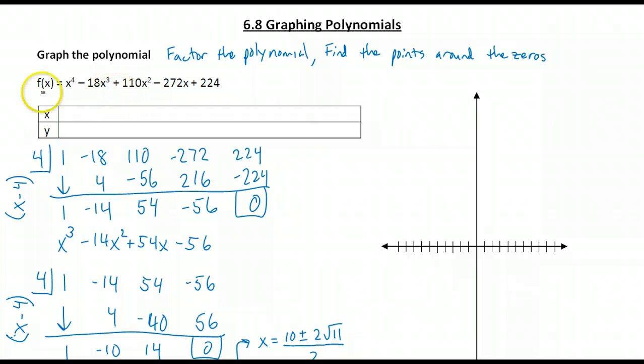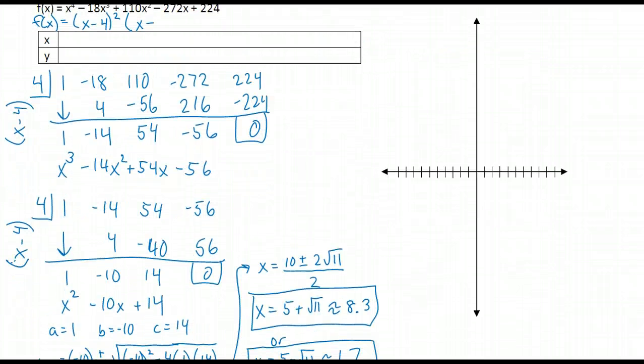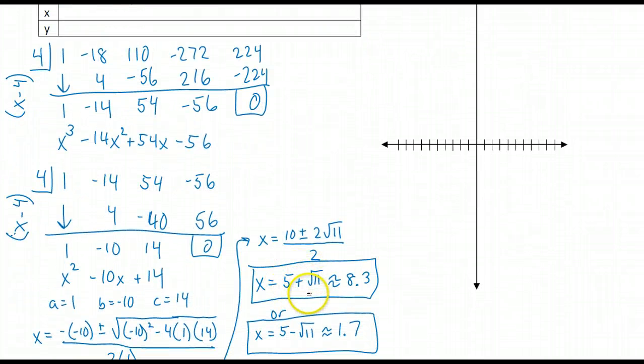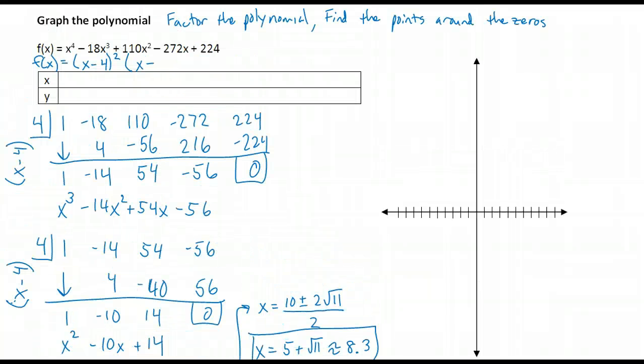So to rewrite this as a function that's in factored form, my factors are x minus 4 and x minus 4. Well, x minus 4 and x minus 4 I'm going to rewrite as x minus 4 squared. And then I'm going to have x minus this 0. So I'm going to have x minus 5 plus the square root of 11.